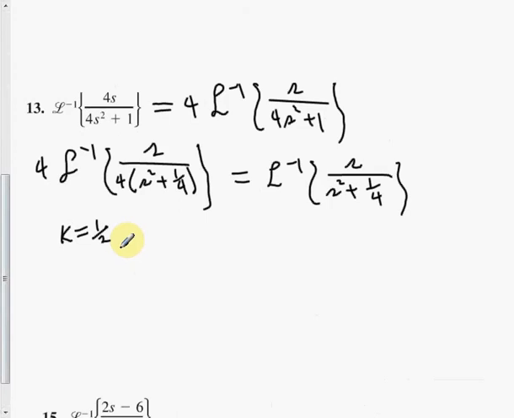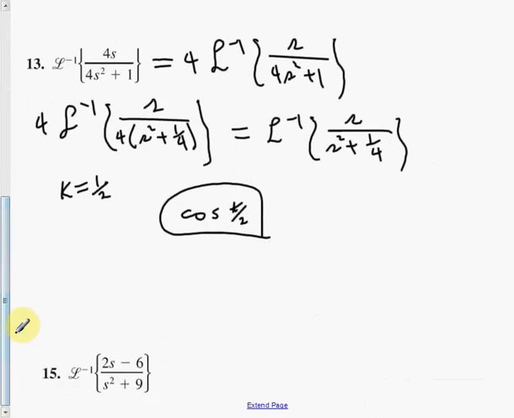So here, this is the cosine of 1/2 times t, or t over 2. Okay. Any questions there? All right.